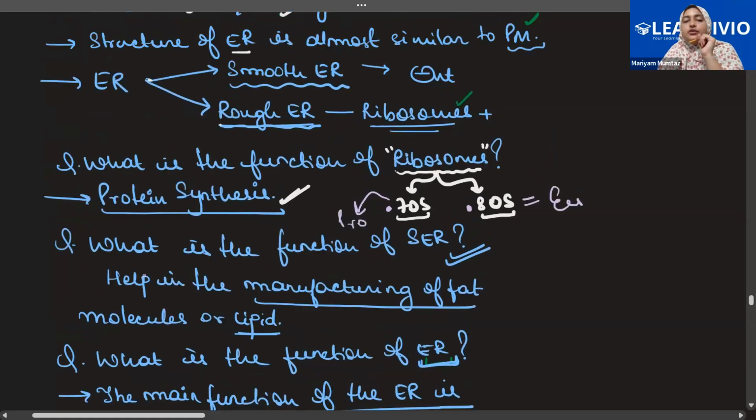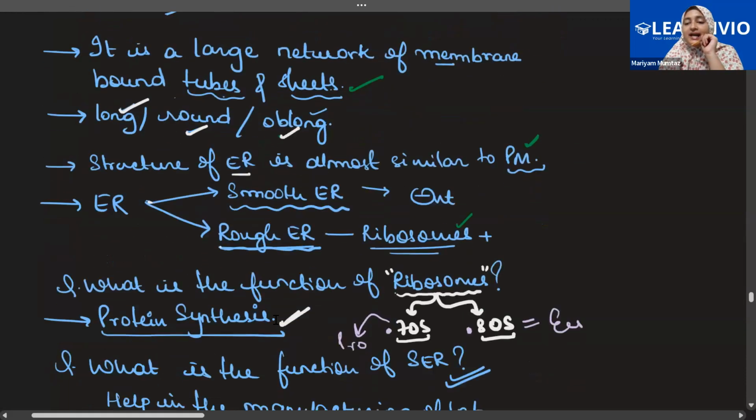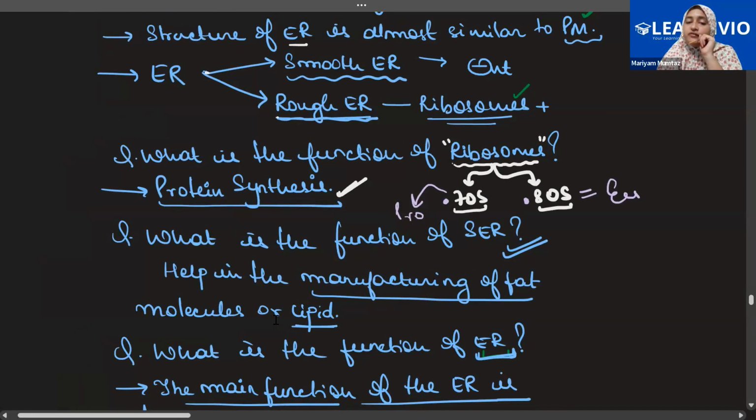Now, if I say that the rough endoplasmic reticulum has ribosomes present on it, then what do you think will be the function of rough endoplasmic reticulum?